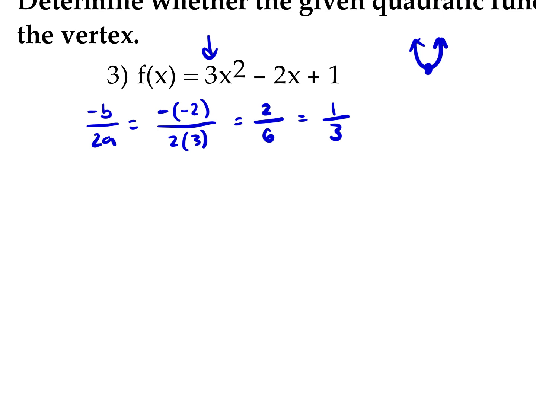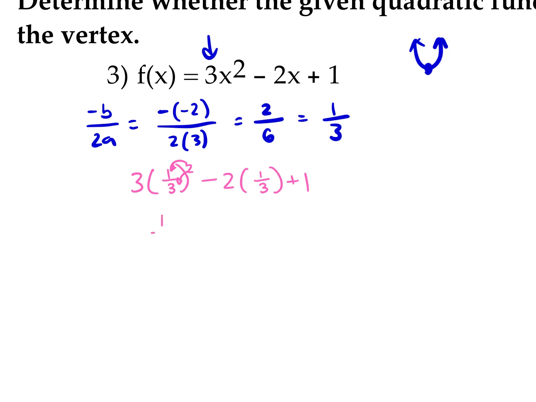Now to find the y, we need to plug it in. So I have 3 times 1/3 squared minus 2 times 1/3 plus 1. I'm going to square my 1/3, so 1 gets squared and 3 gets squared. Make sure if you have a fraction, you square both the top and the bottom.